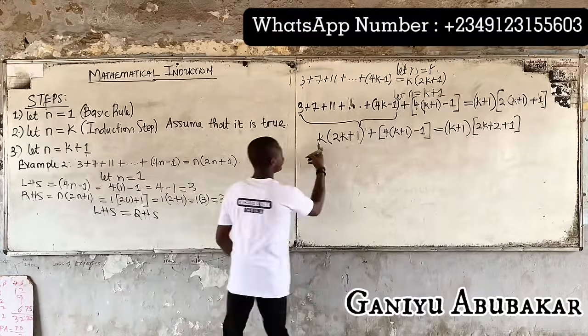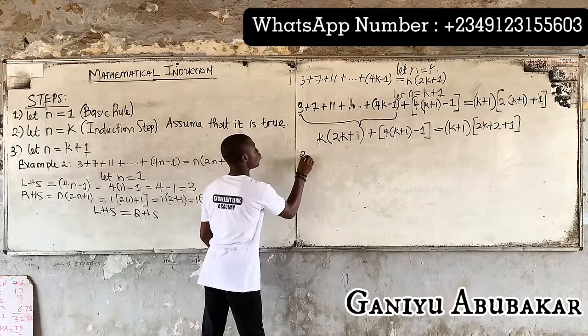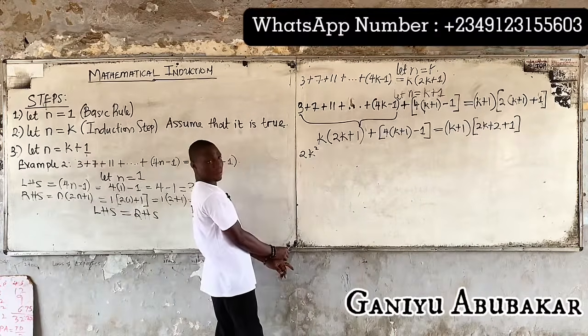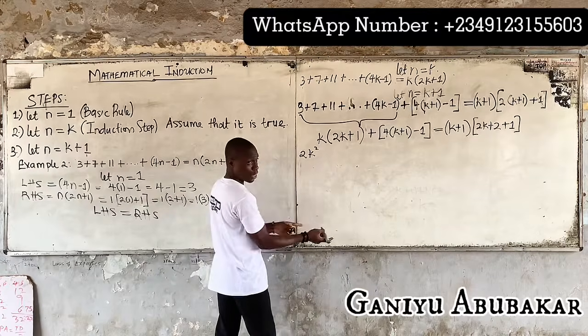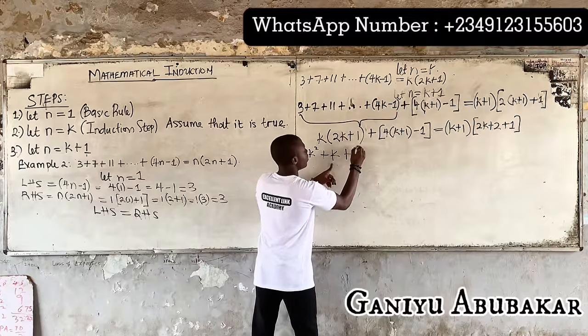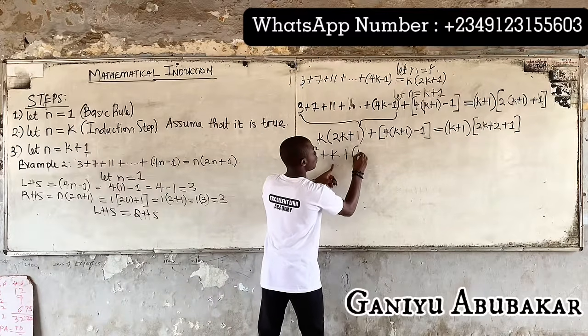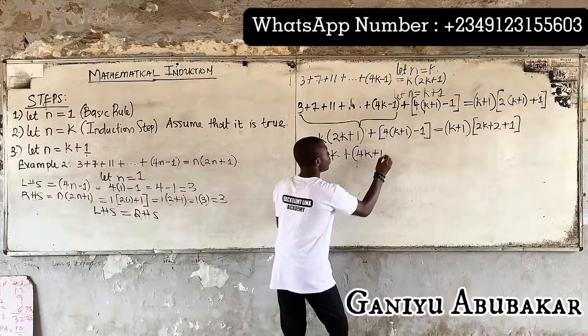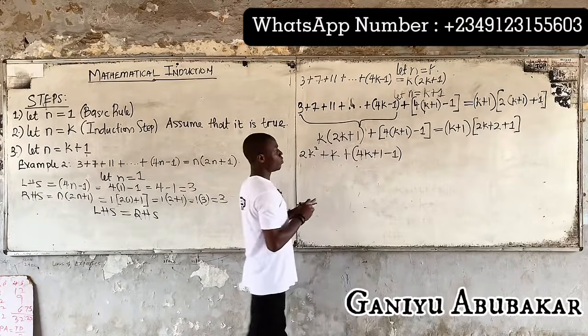What do we get here? Use this case to expand through. I'll have 2k squared, k times k, k squared, with this 2 there, plus k plus 4k plus 1 minus 1.